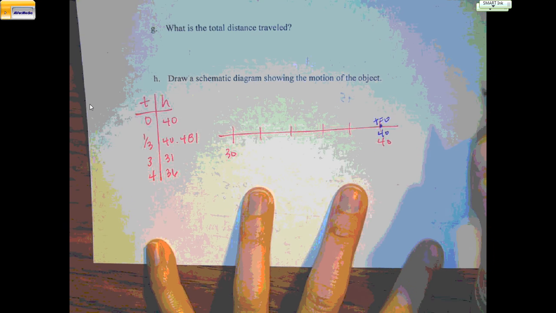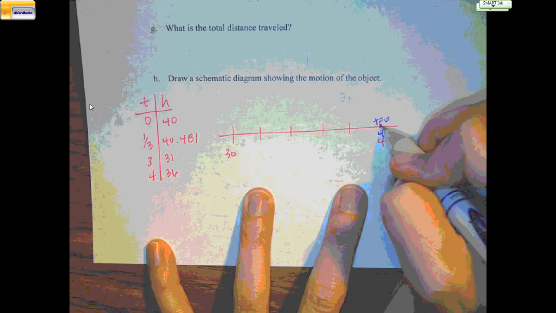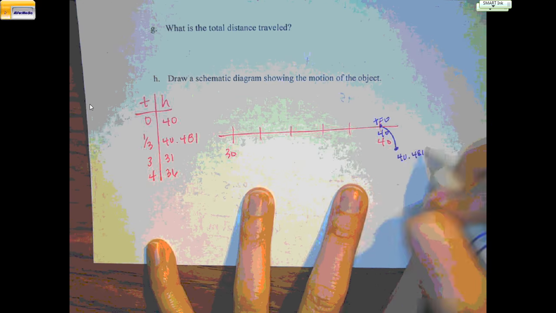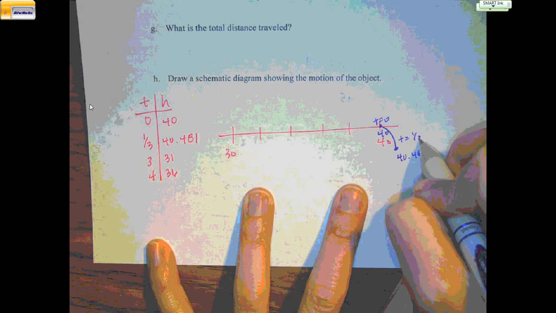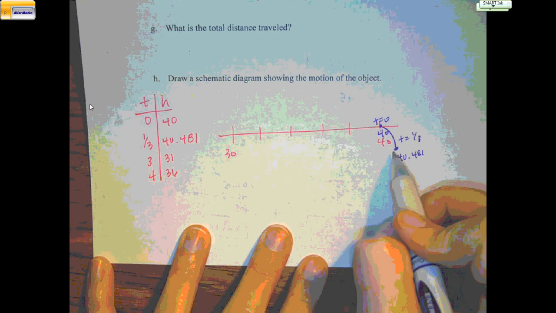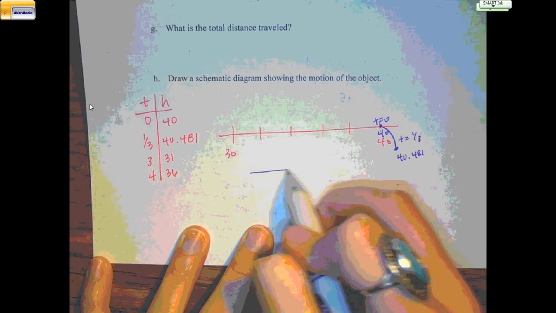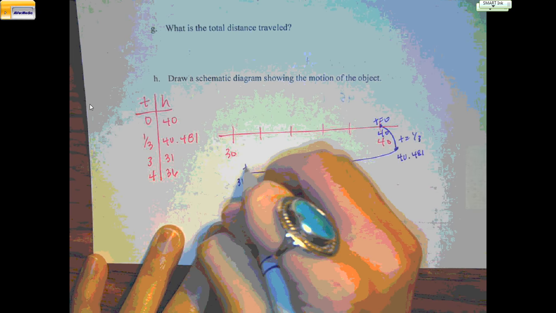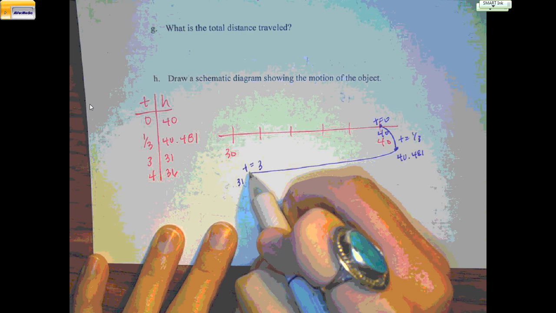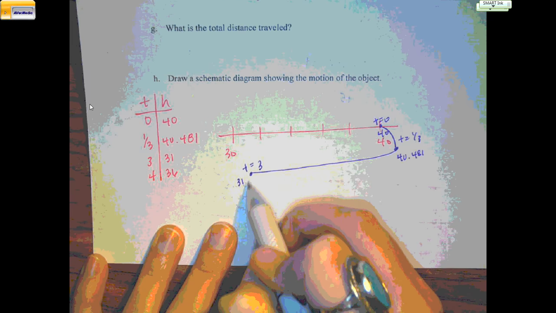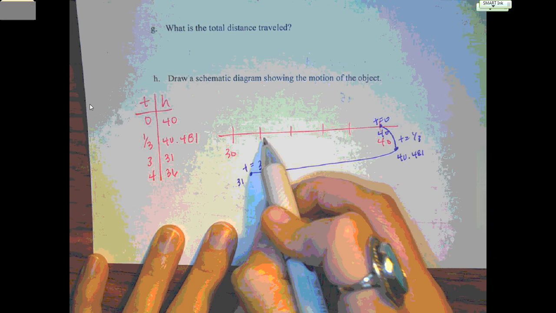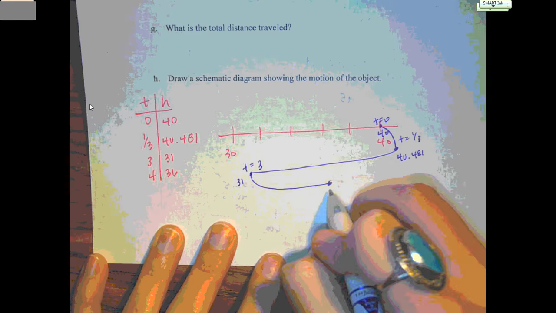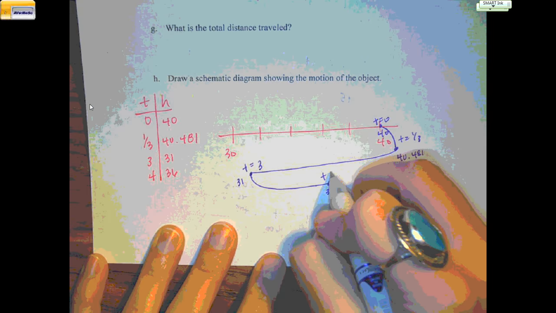And then it's going to advance a little bit to 40.481, and that's when t equals 1/3. Then it goes all the way back down to 31. And that's when t is 3 seconds. And then it loops around and goes back to 36. So it's not pretty, but there you go.